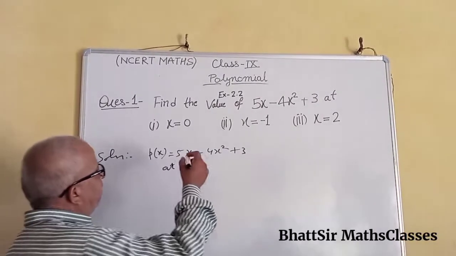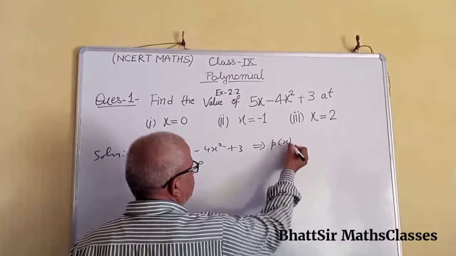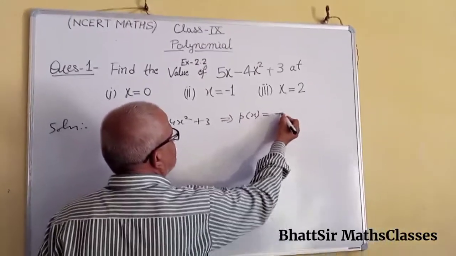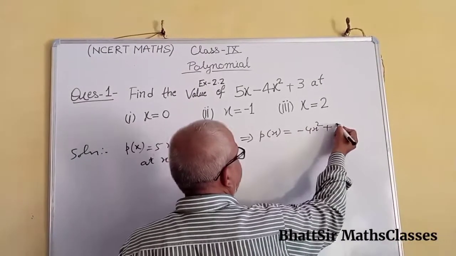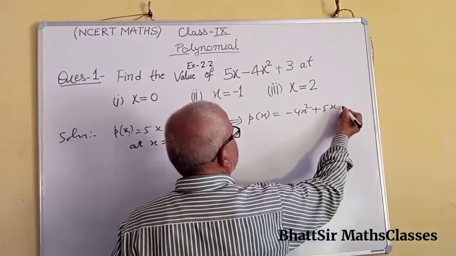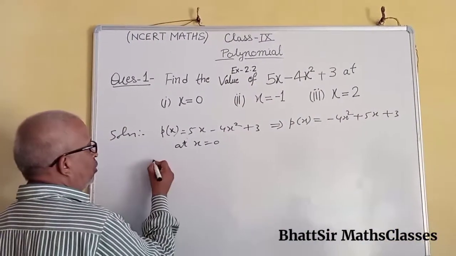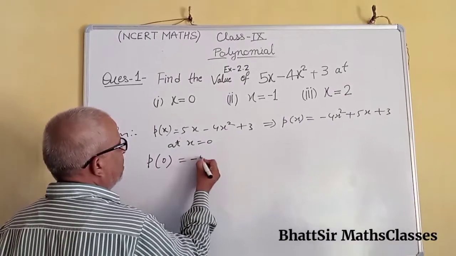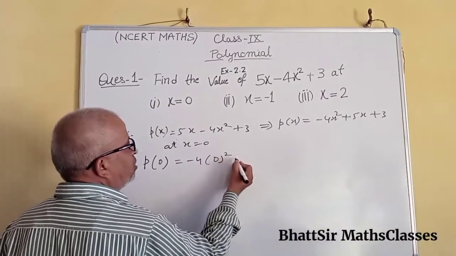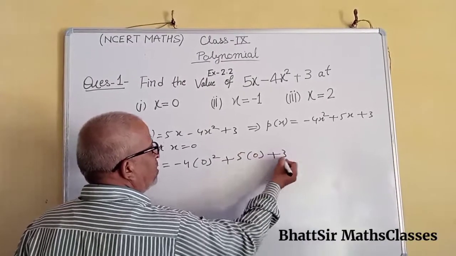In standard form, P(x) equal to minus 4x square plus 5x plus 3. So put x equal to 0, then P(0) equal to minus 4 into 0 square plus 5 into 0 plus 3.